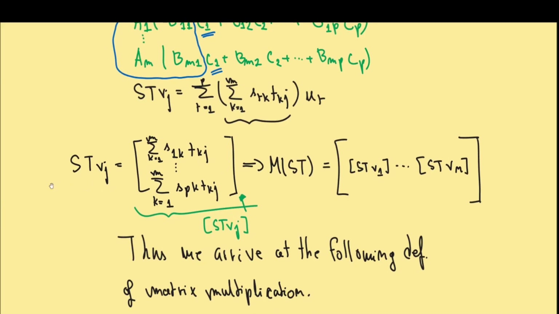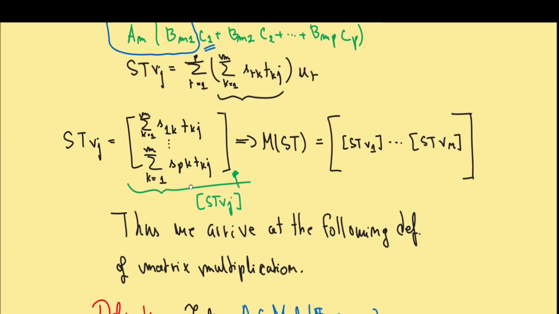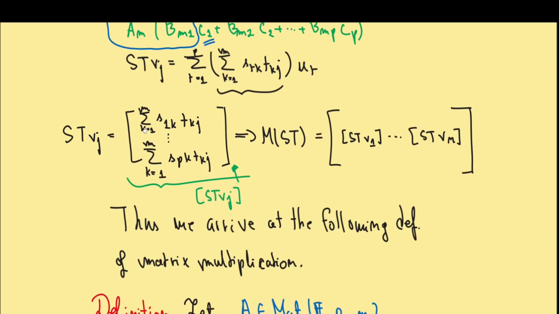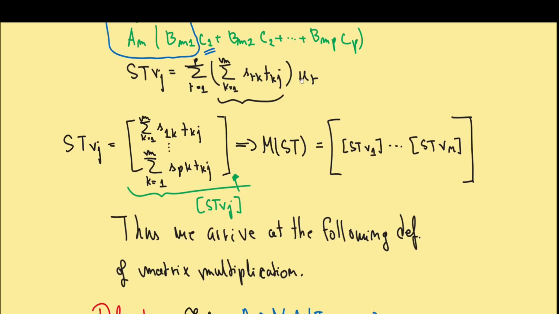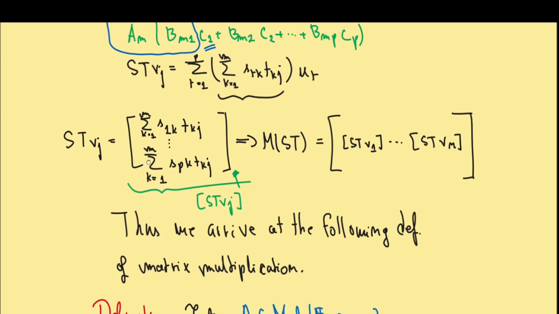So if I were to write out this as a column vector, just a column, a matrix, we get this. So for example, when r is equal to 1, so u1, our first basis vector, the corresponding scalar is this sum over here, where r gets replaced by 1 and k goes from 1 to m, and so on, all the way to p.